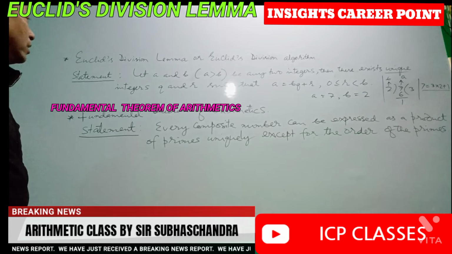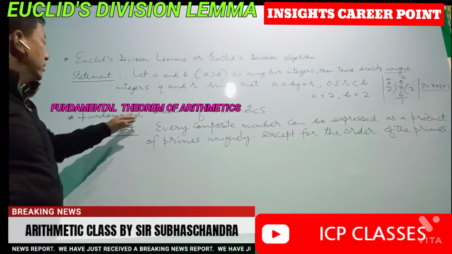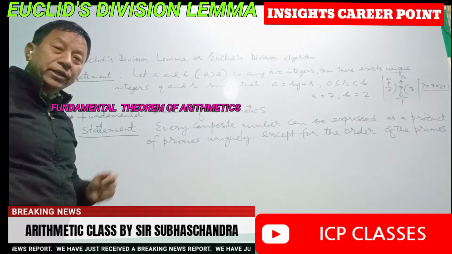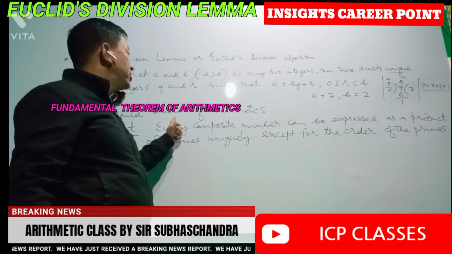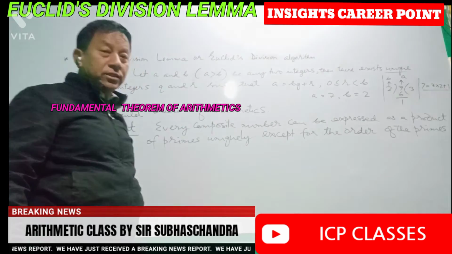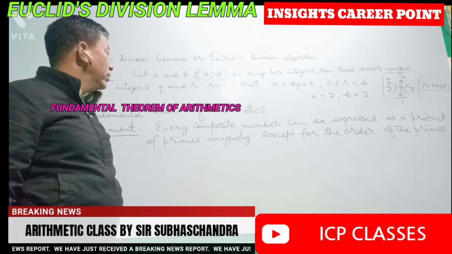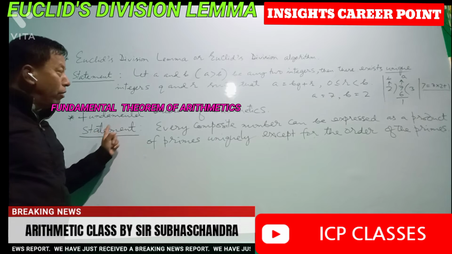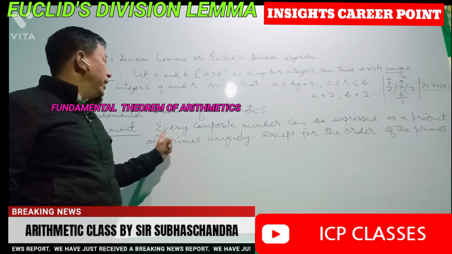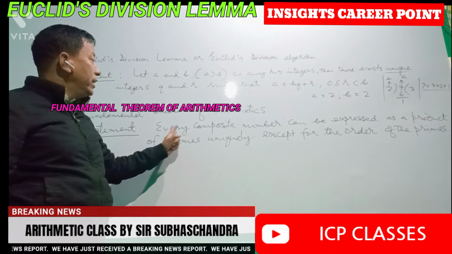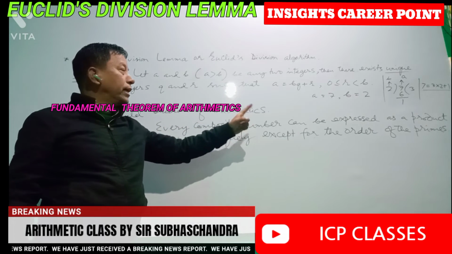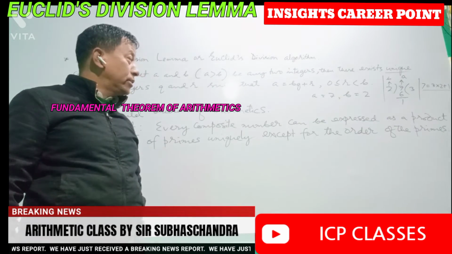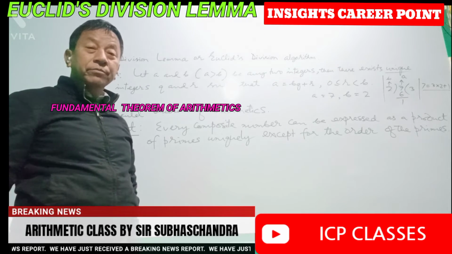After this, let us come to this theorem that is popularly known as the fundamental theorem of arithmetic. The statement of the fundamental theorem of arithmetic is: every composite number can be expressed as a product of primes uniquely, except for the order of the primes.